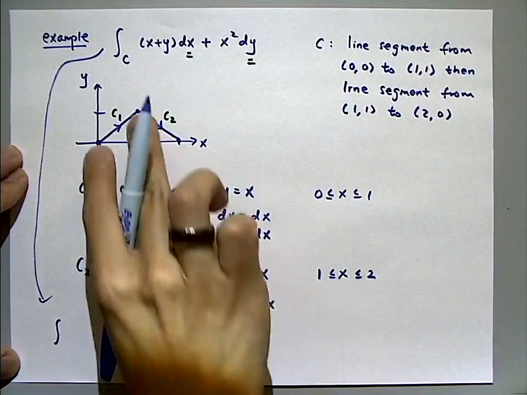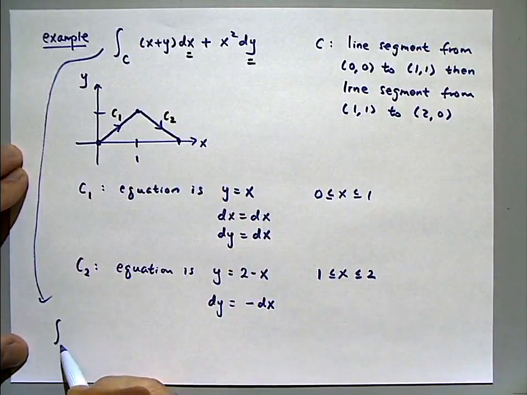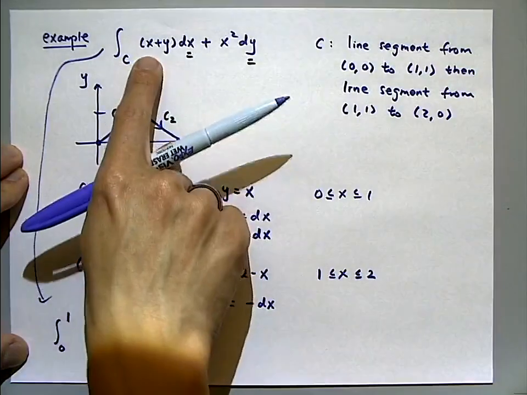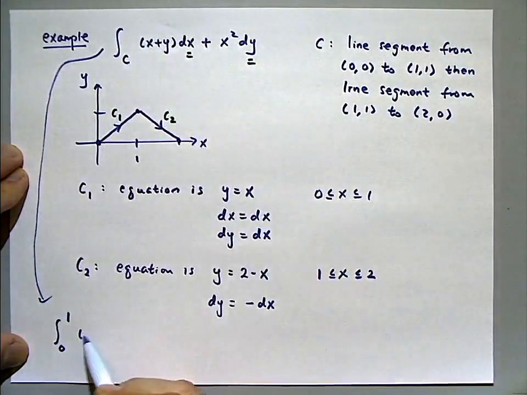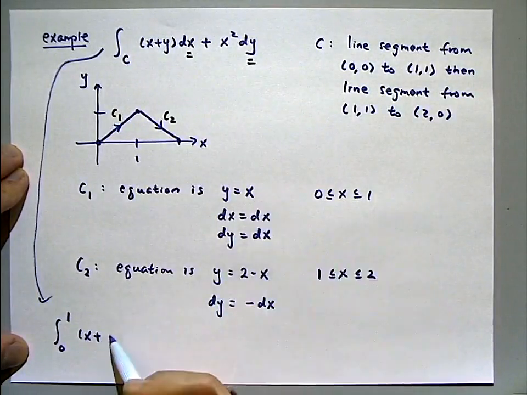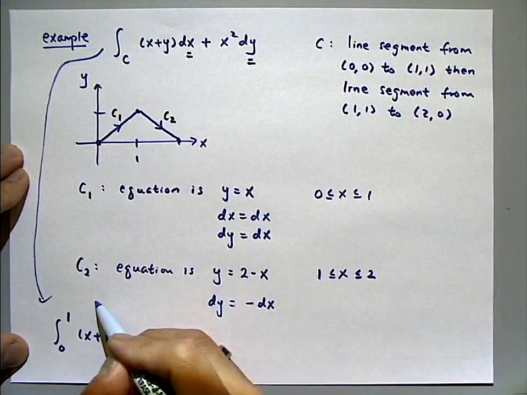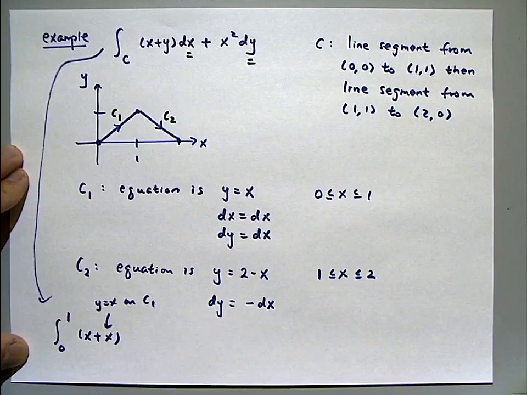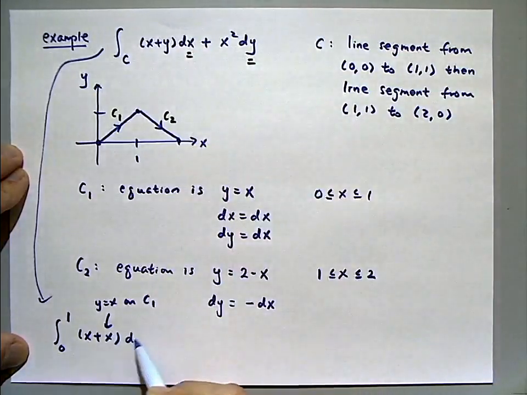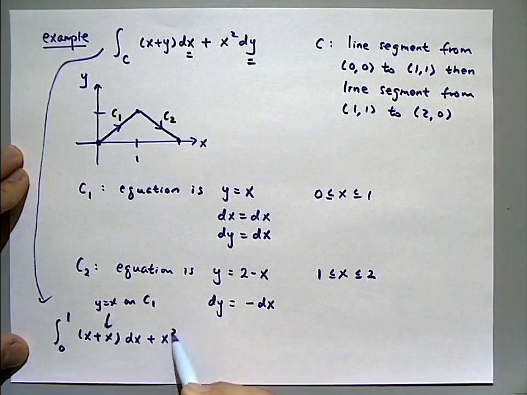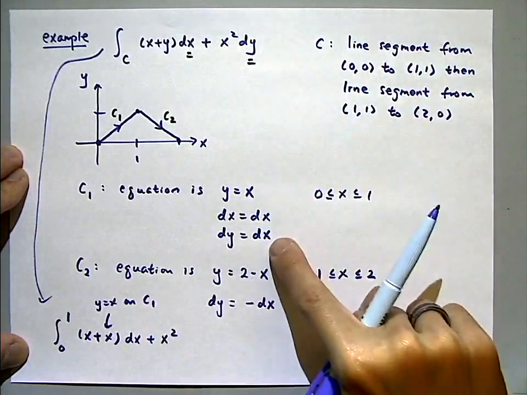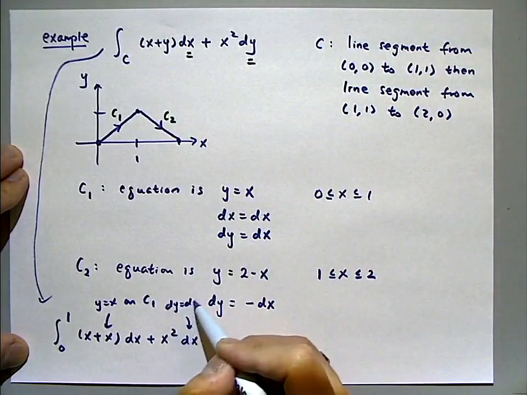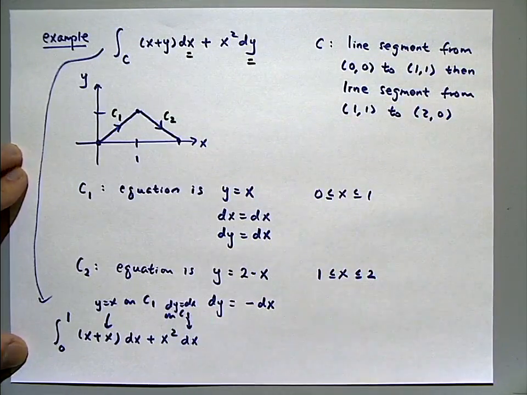On the first half of the path, x goes from 0 to 1. x plus y becomes x plus x, because y is equal to x on C1. dx plus x squared dy, and dy is dx on C1.